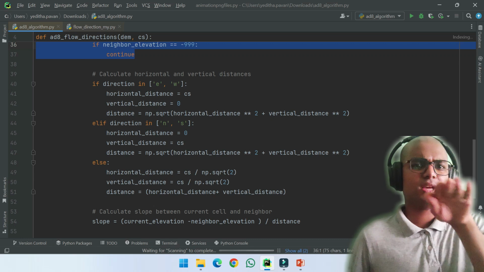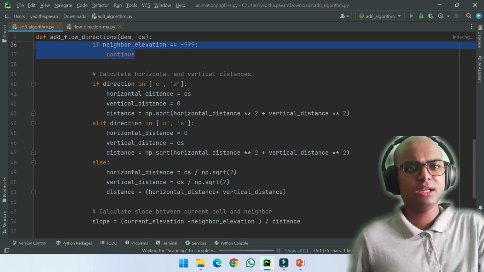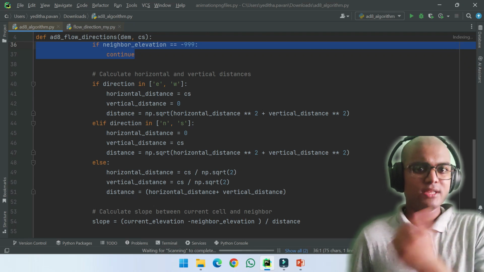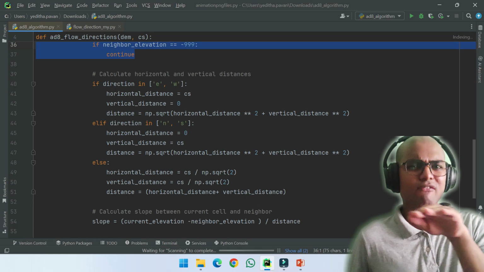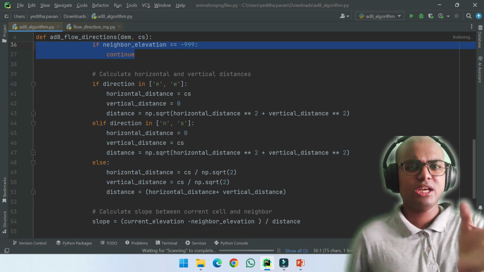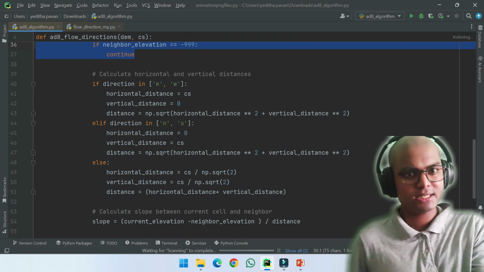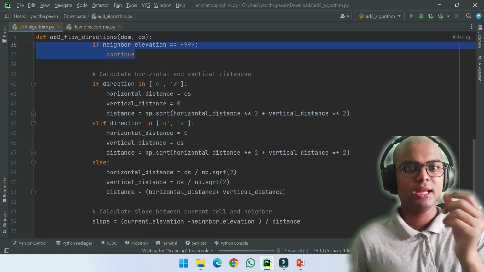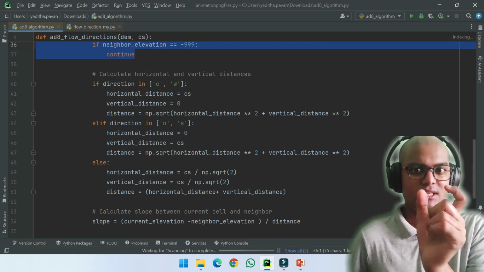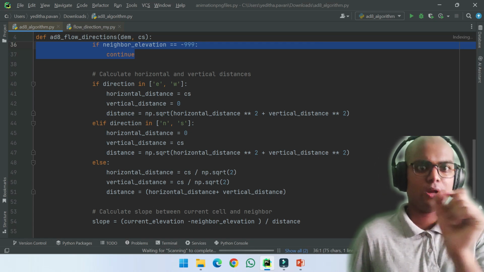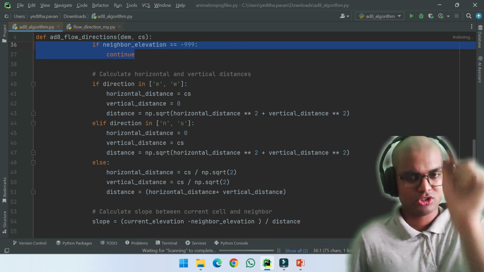If the values are in the horizontal x-axis or the vertical y-axis, which are west and east and north and south, that means it's changing only in one direction, which is generally equal to the size of the cell. If we say it's moving in the east direction and the resolution of our data is 200, it means that the cell is moving from this cell to the next cell, which is 200 meter distance. And that is the same in the vertical direction as well.